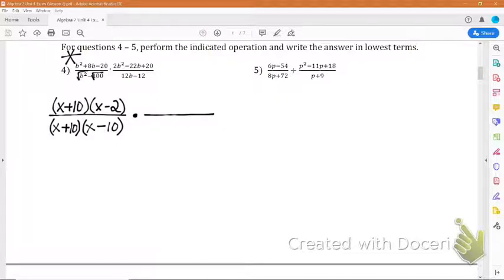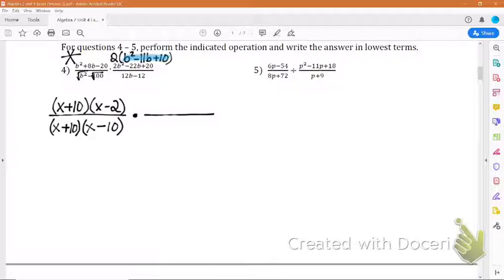If not, it will get canceled out in your asterisks. So I want to factor out a 2 before I use my asterisks. If I factor out a 2, that leaves me with b squared minus 11b plus 10. This is what you're going to use in your asterisks.